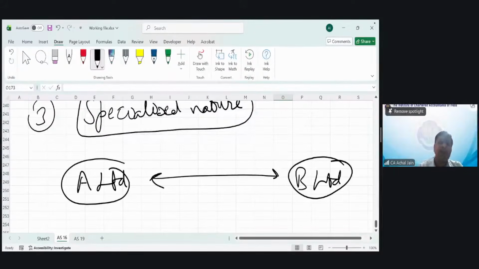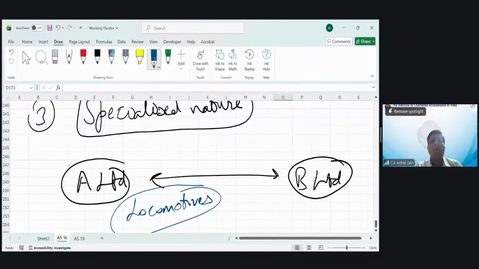For example, locomotives. Now, if those are not usable by anybody else, who will use that? Obviously, B Limited only. Yes or no? Throughout the useful life of that asset?